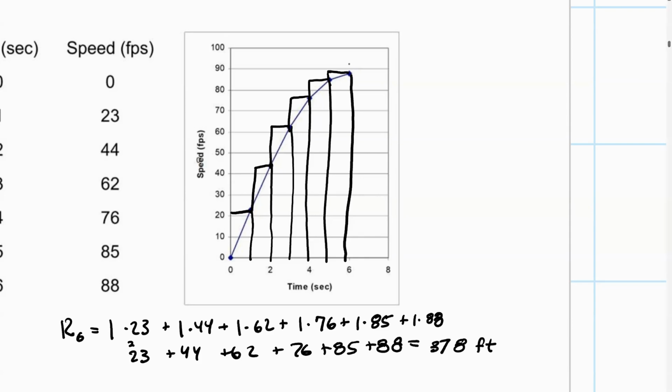So I'm going to say my right-hand estimate is that the car traveled about 378 feet. Do I think that's a good estimate? That's okay. Do I think it's an overestimate or an underestimate? Clearly an overestimate, as my rectangles are higher than the curve.